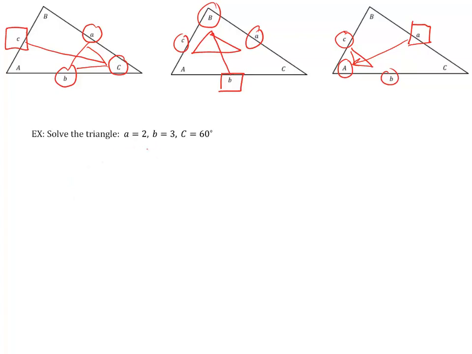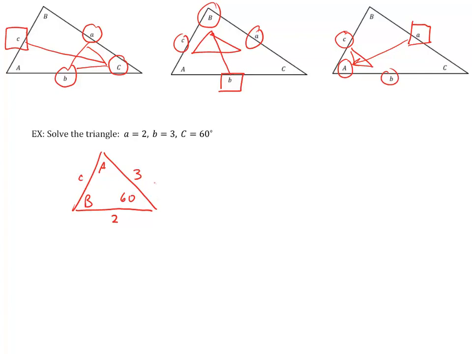We've got a equals 2, b equals 3, and C is equal to 60. So if I draw it like this, let's say a is down here, 2, so capital A would be there. Let's say b is here, so 3 would be over here, and 60 degrees is here, so little c would be over here.